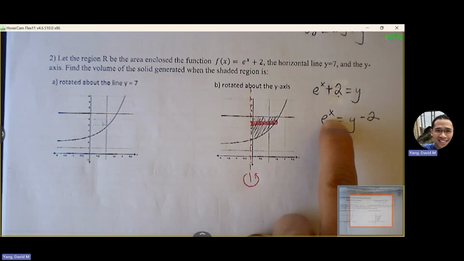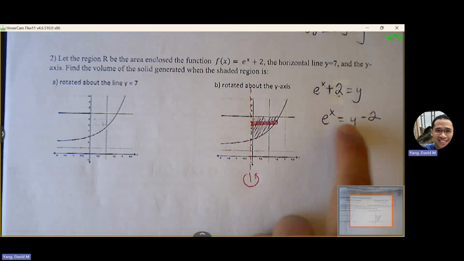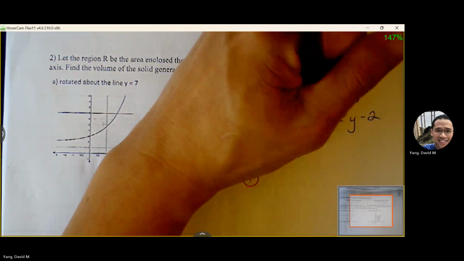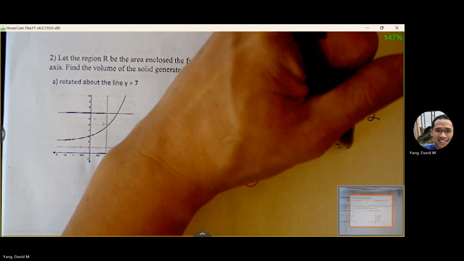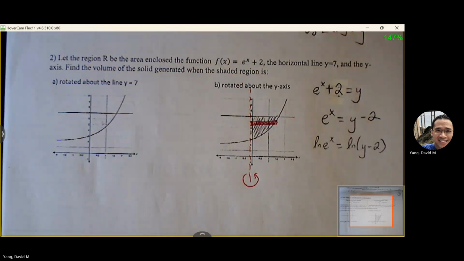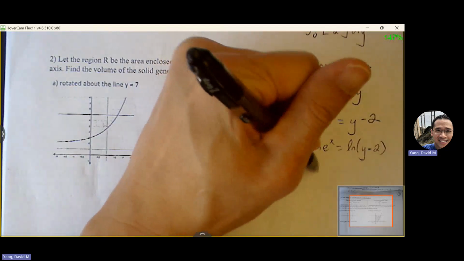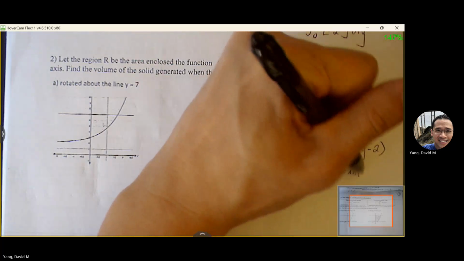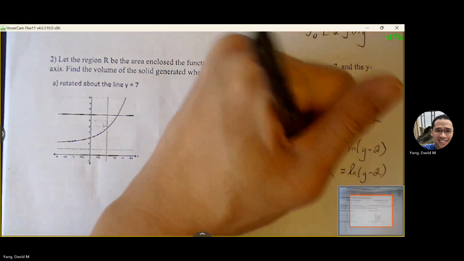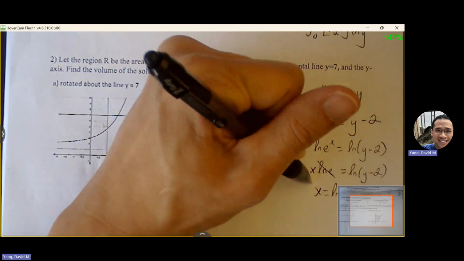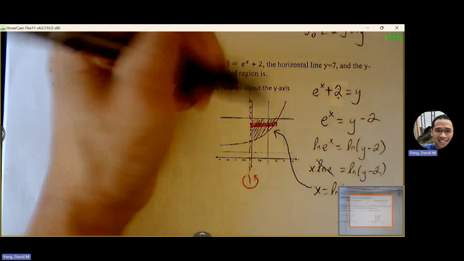To release that x, I'm going to take the natural log of both sides to allow that exponent to come down. X comes down, natural log of e goes away. So this is now the updated equation for that curve.